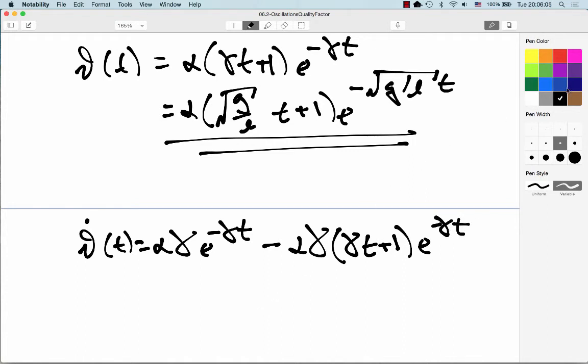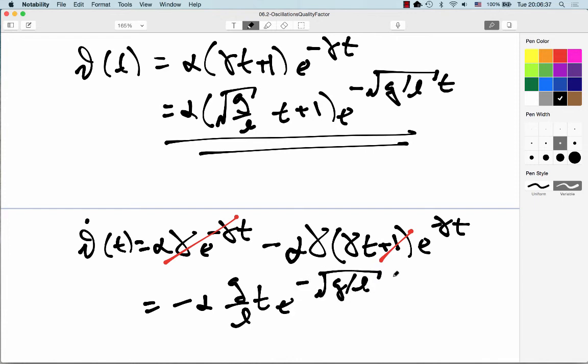Alrighty, well, for what it's worth, this guy here is going to cancel that term there. And so I'm left with that gamma, which becomes gamma squared right there. So that's just going to be g over L. So we're going to get minus alpha g over L times t e to the minus root g over L times t.